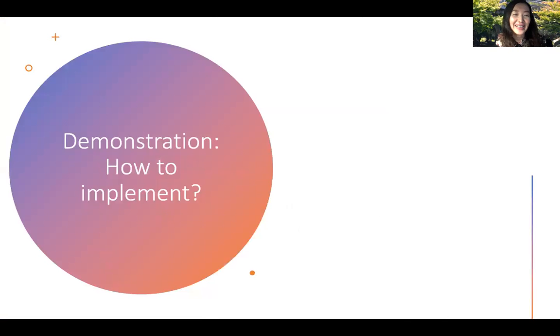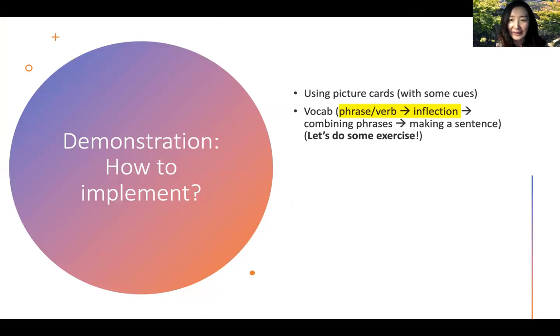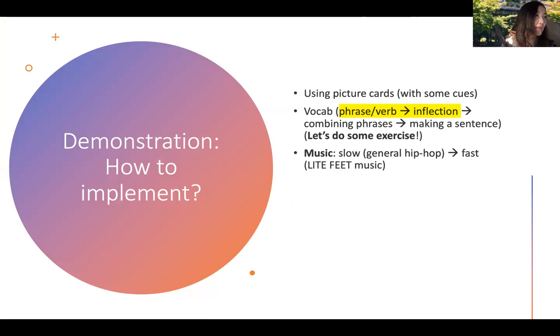Okay, now let's have some fun, okay? I am using picture cards with some cues, and this is a vocab verb inflection. So combining phrases and then moving to making a sentence. This is really elementary level, like junior high school level vocab. And then the music: I am going to use slower music and move towards fast, light-feet music, okay?